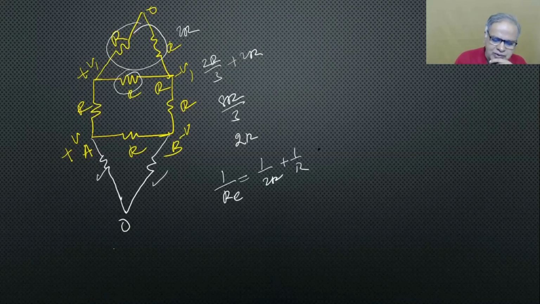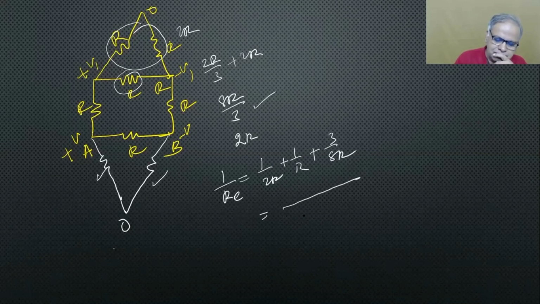But anyway, I'll write everything. Then all this was 8R by 3, right? 3 by 8R. So what is the LCM? 8R. Eight R by 15.